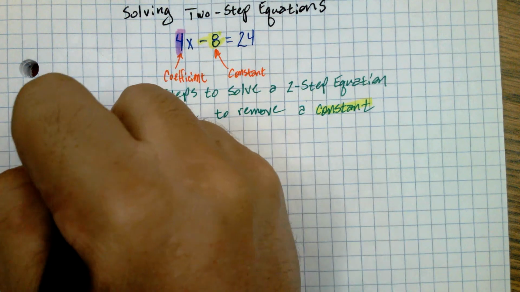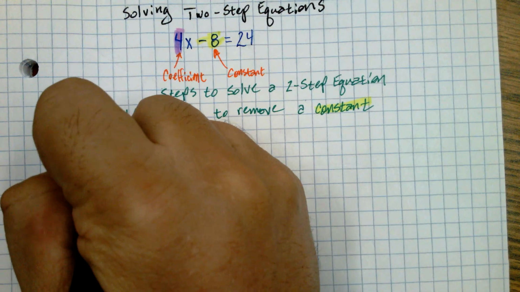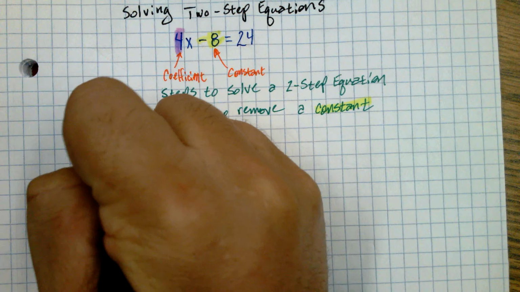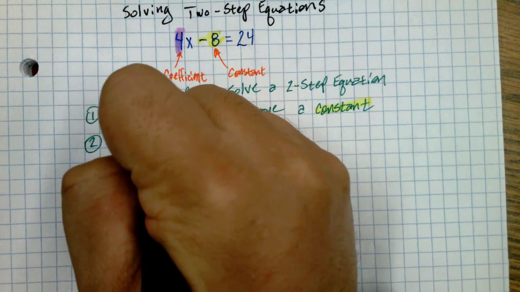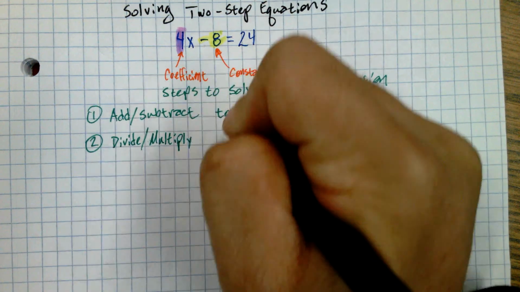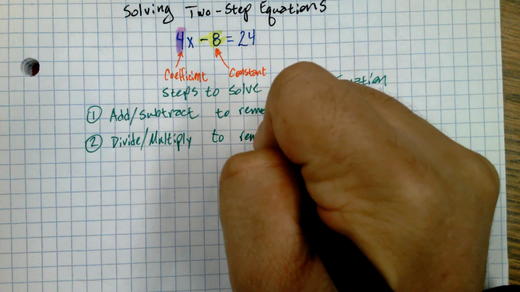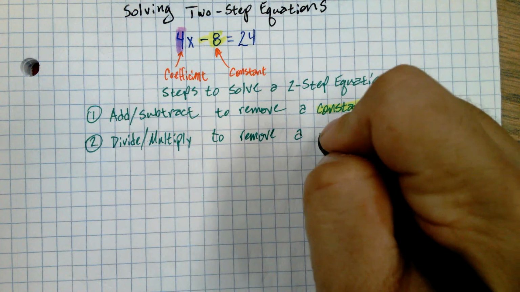All right, number 2. We're going to divide or multiply to remove a coefficient.